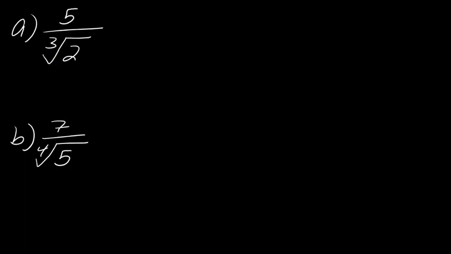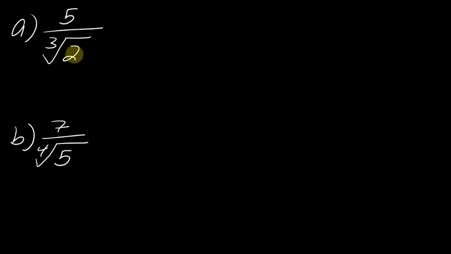Okay, so now let's actually talk about rationalization. This is exactly what you have to do to rationalize, except you have to multiply the bottom and the top by the same thing. So in this case, when I look at the cube root of 2, what do I need to multiply this by to ultimately get back to 2?